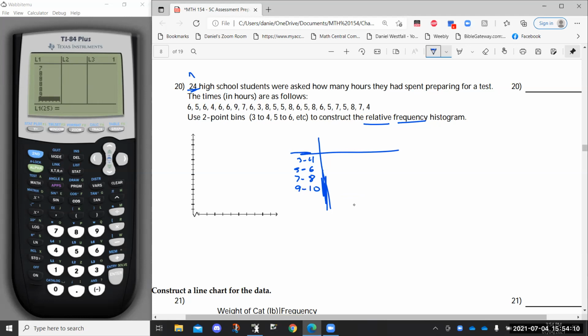So this is going to be my bin. This is going to be my frequency here. And this is, let's count the 3s and 4s that we have.